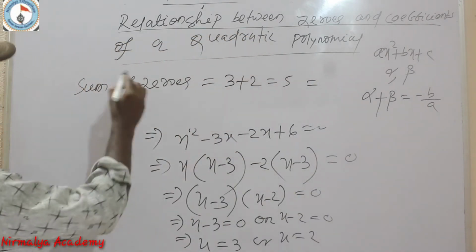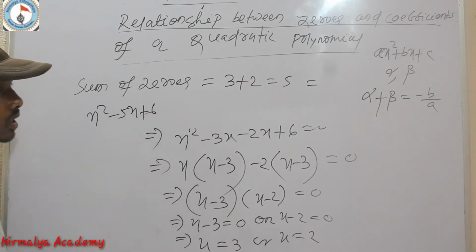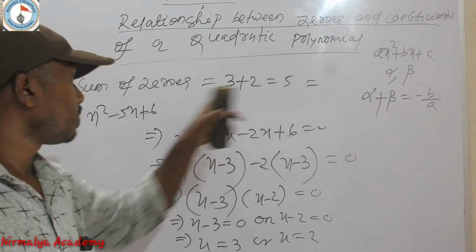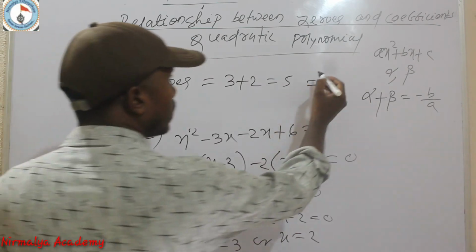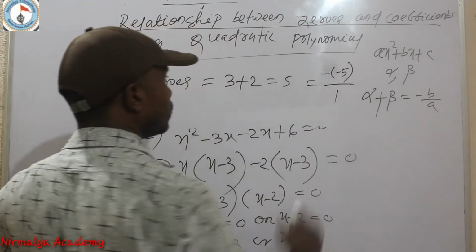So for our example, x square minus 5x plus 6, it can be written as minus b by a, which equals minus into minus 5 by 1, that is 5.